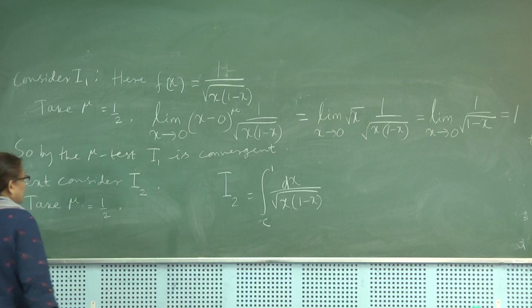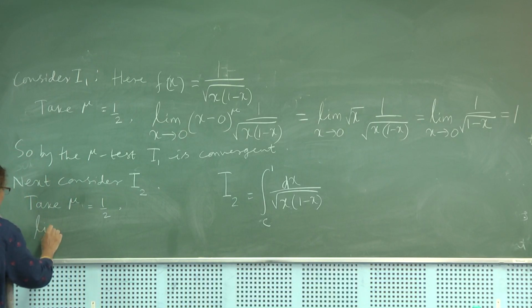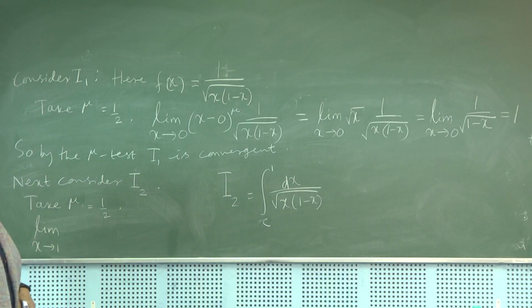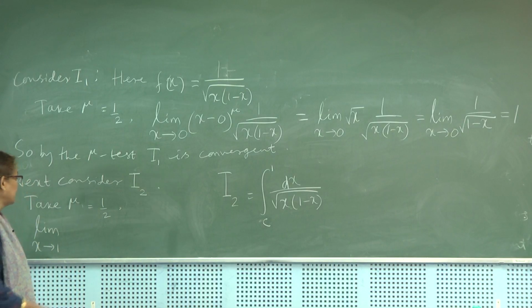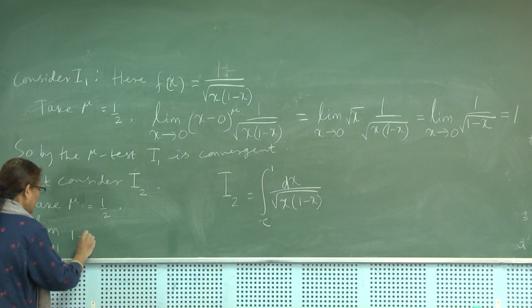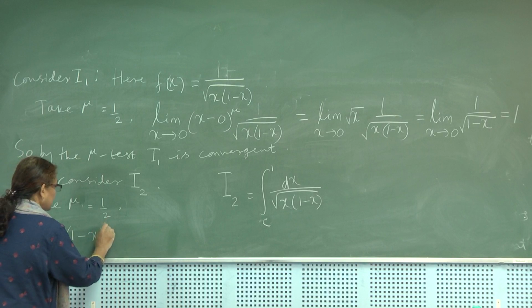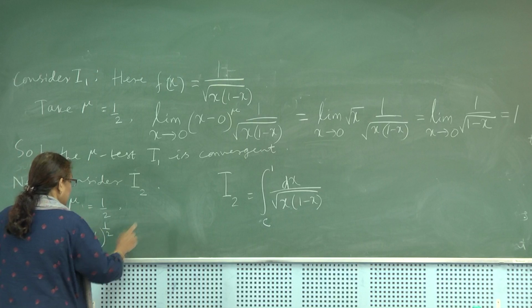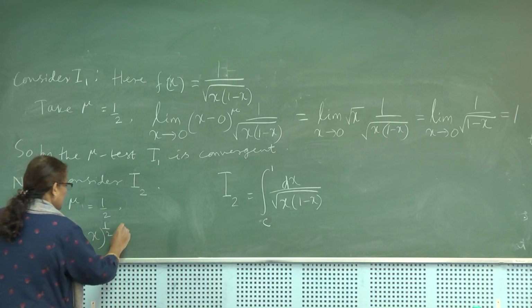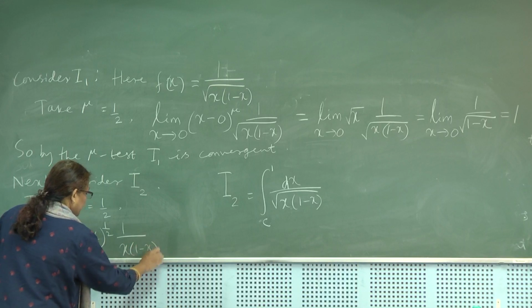In this case we have to look at the limiting value, limit x tends to 1 of b minus x, where b is 1 here, so 1 minus x whole to the power mu, which we are taking as half, multiplied with the function 1 upon square root of x into 1 minus x.